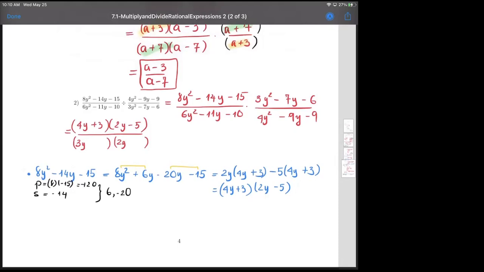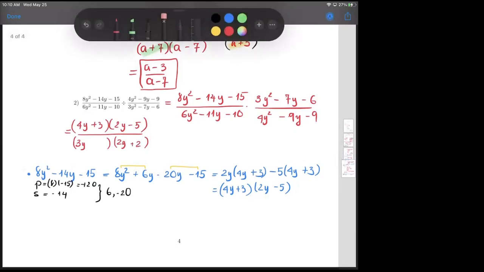I cannot put positive 2 here because I had to factor out the 2, right? So negative 5 must be here, and then positive 2 must be here. And now check. We only check the inner. Negative 2 times 2y is 4y, and then 3y minus 5 is negative 15. Negative 15 plus 4 is negative 11y. So we're good.